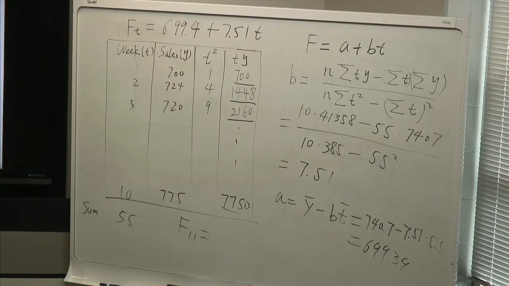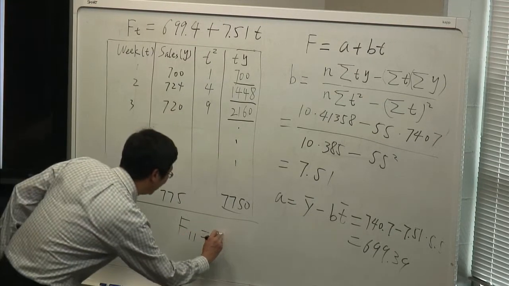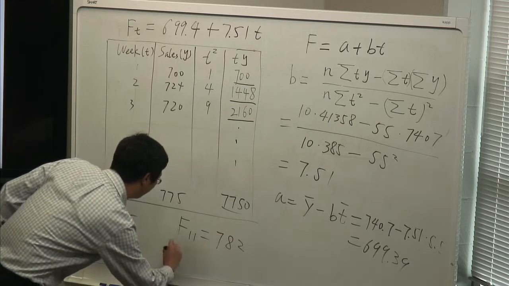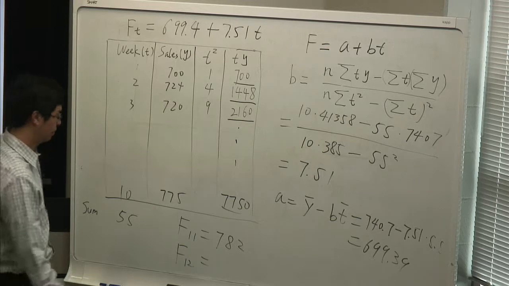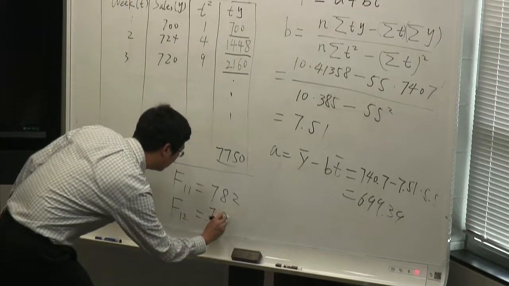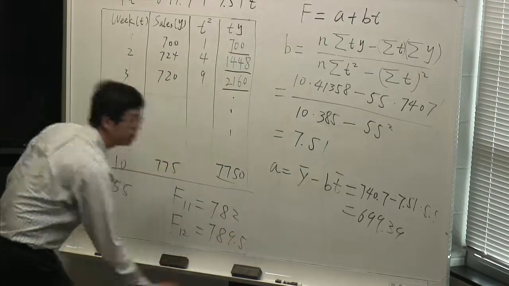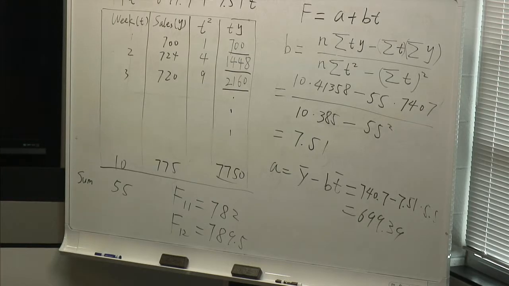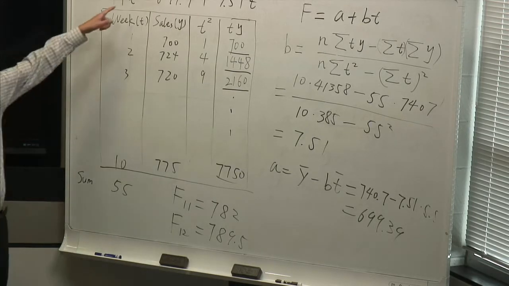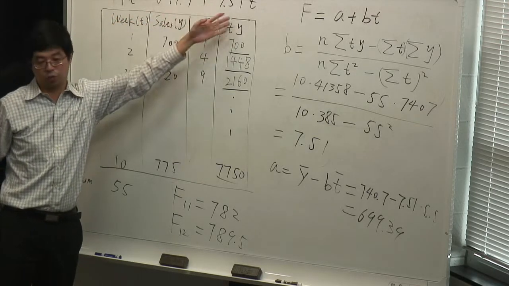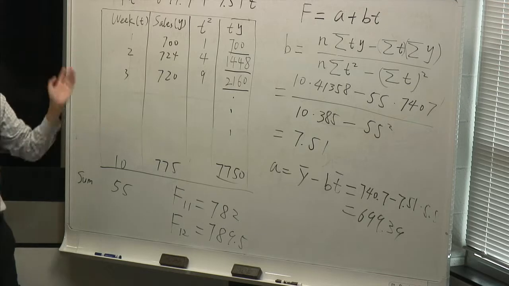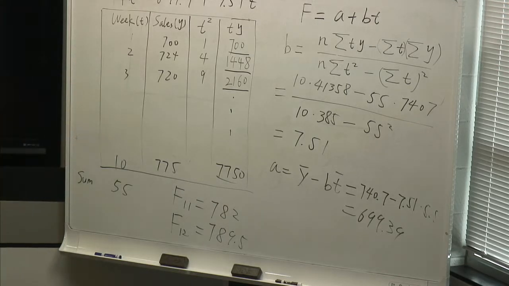There are so many of you guys who already finished that. Dylan? 782. What about F12? 789.51. That's what I got. You plug in 11 for t. A and B are already given. You just plug t equal to 11 and t equal to 12 into the formula. You get the forecast. Okay, is it clear? Yeah, I got it.